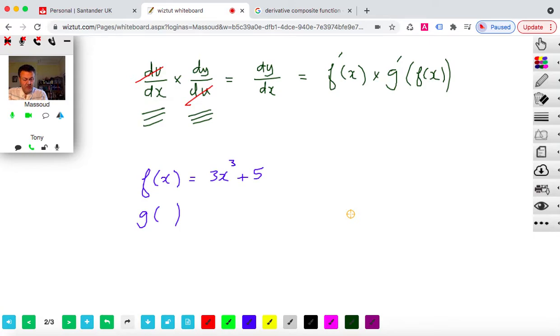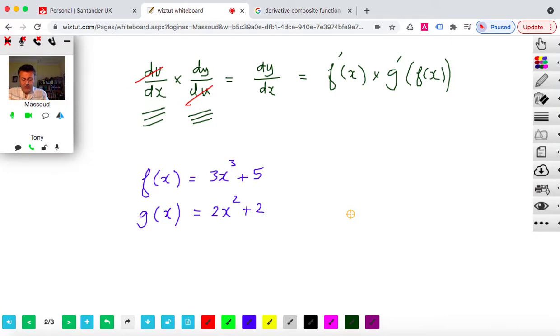So gx is equal to 2x squared plus 2. Then we know what g of fx would look like, and I can actually expand it, produce the function and then differentiate it. I can do that if I want to.